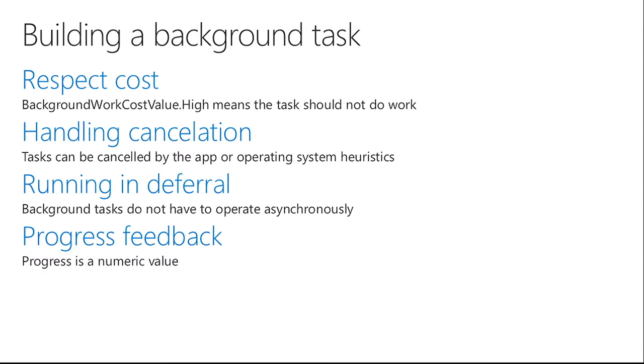But inside that Run, there are a few things you need to do, and a lot of people miss them because the simple hello worlds we tend to build never cover this. So this is good practice. First of all, you need to find out at the time you run what the current background work cost value is. You're asking the system essentially, how busy are you?